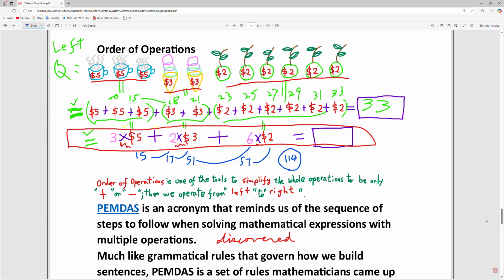And then when you go to a different level of math, you have to learn whether you should get rid of the parentheses at that time or not.